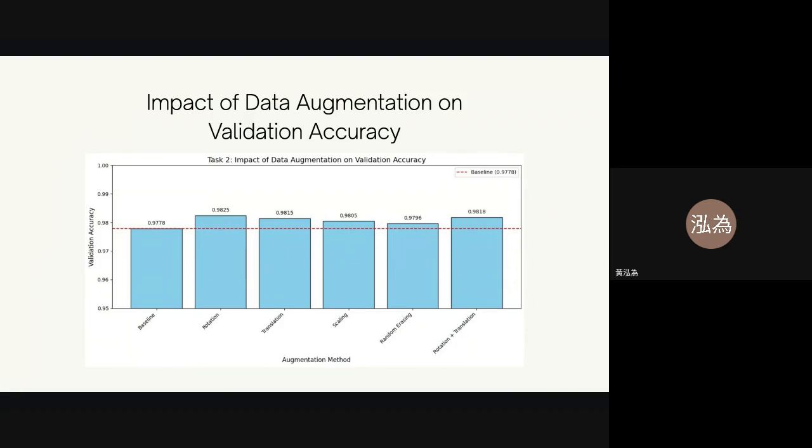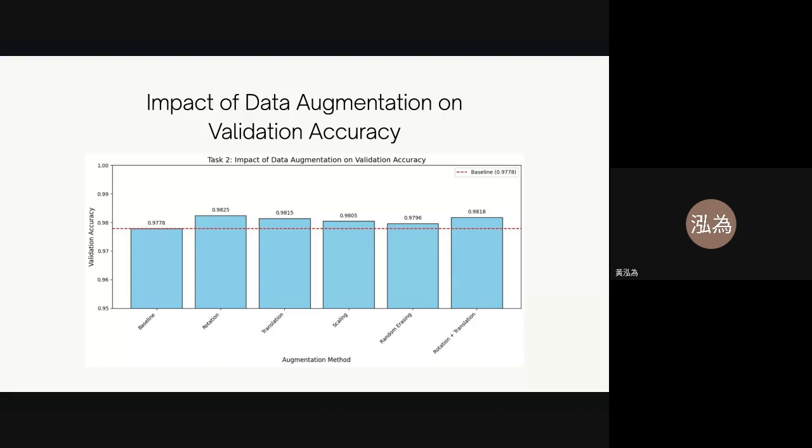As you can see from our data, the baseline achieved a very high training accuracy of roughly 99.53%, but the validation accuracy was only 97.78%. This noticeable gap indicates that our baseline model was overfitting.